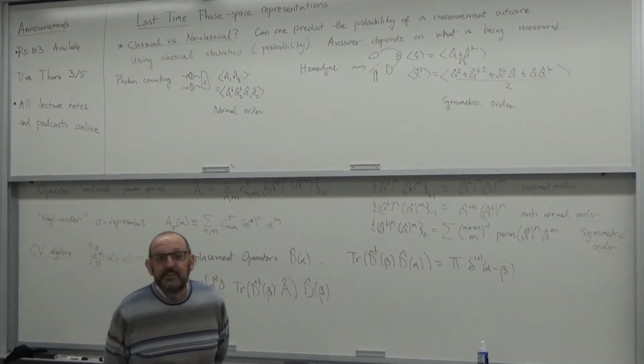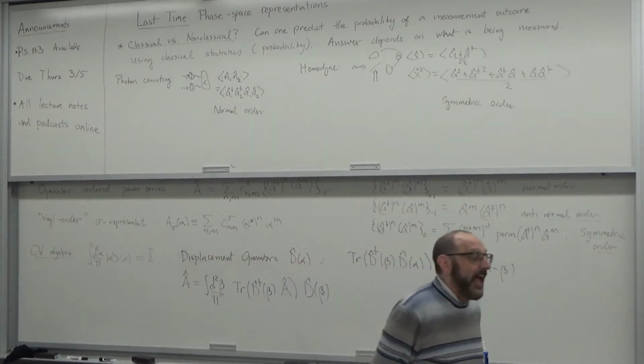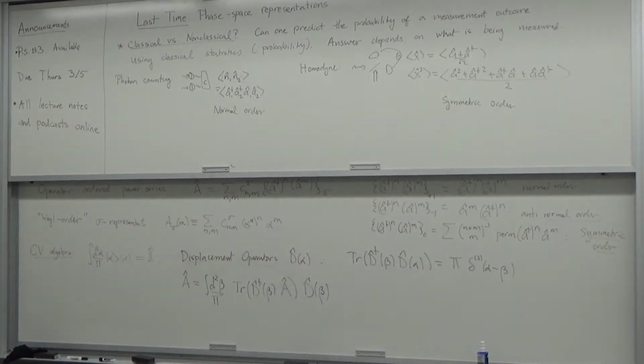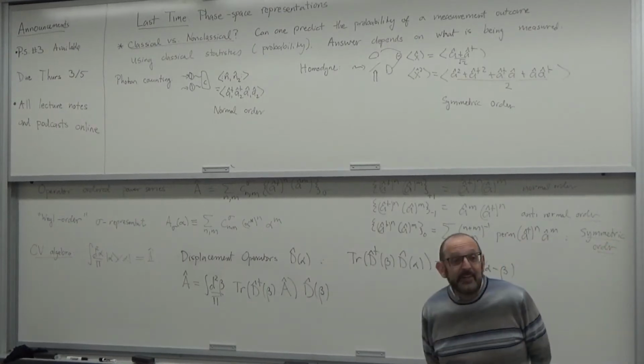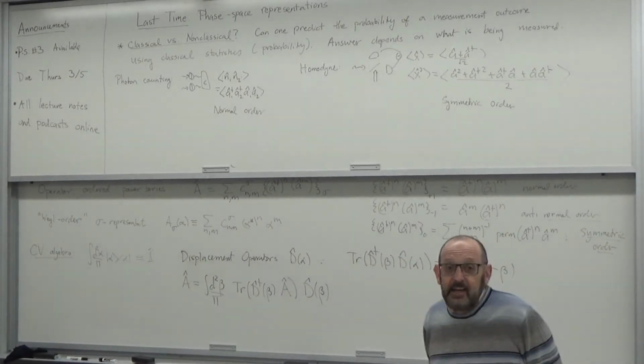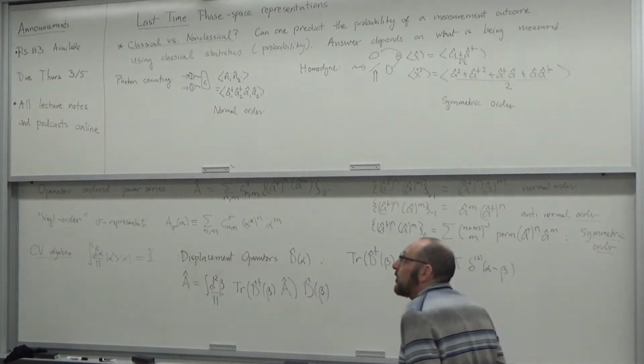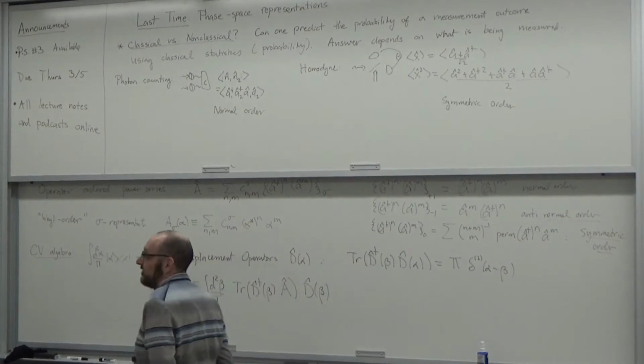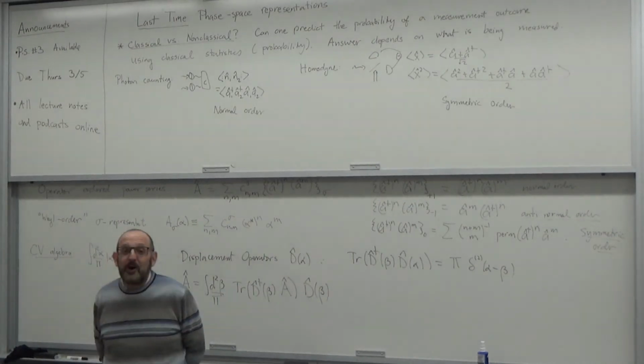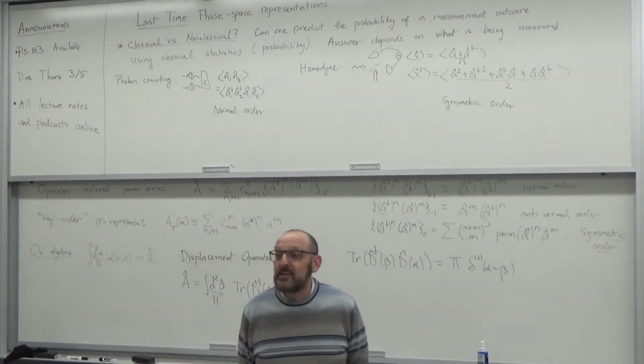If we can't, we say it's non-classical. And one of the lessons that's important is that the answer to that question depends on what we're measuring. It's not just a property of the quantum state itself. It's also a property of the observable that's being measured.